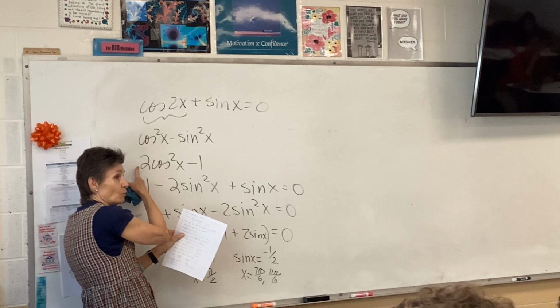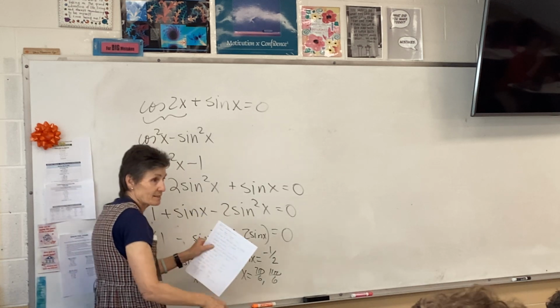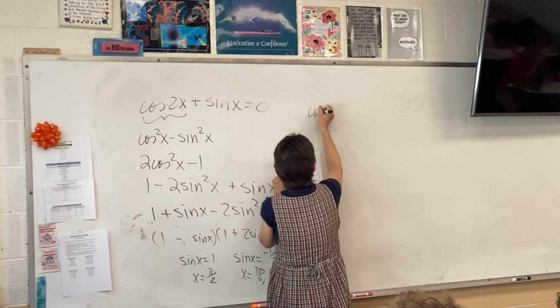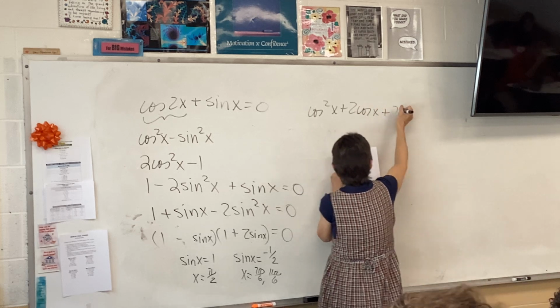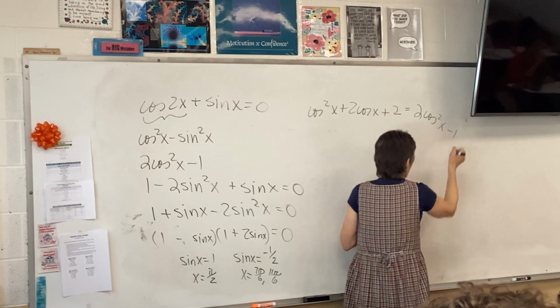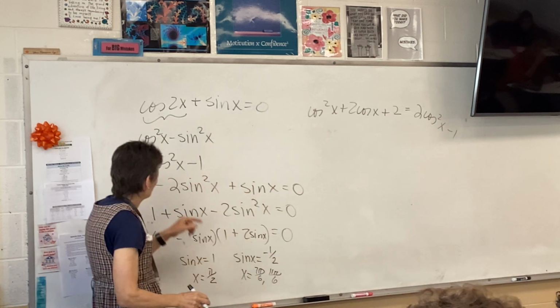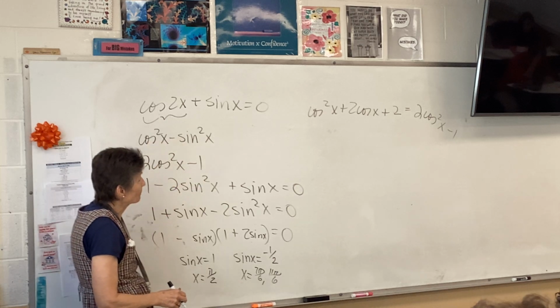Look, the problem's full of cosines. Do you see that? So let's not mix and match. Let's just keep it cosines. So I have cosine squared plus 2 cosine plus 2 equals 2 cosine squared minus 1, if I plug in this formula for my cosine 2x.